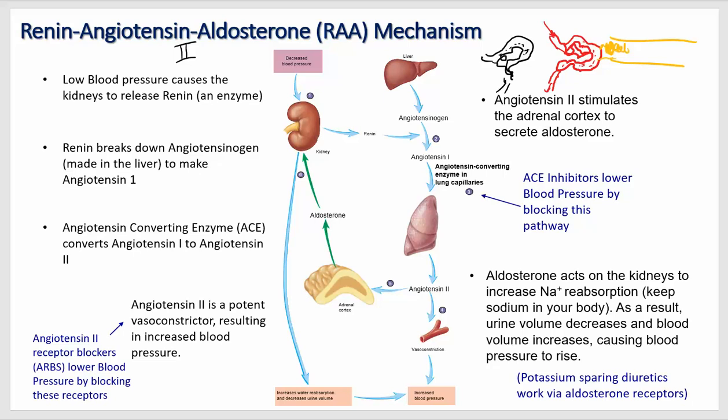This is a very poor picture, obviously. The filtrate is fluid from your blood that moves into the nephrons. It's yellow because that's kind of the color of your plasma, and the red blood cells don't go into the kidneys. You shouldn't have red blood cells in your urine.